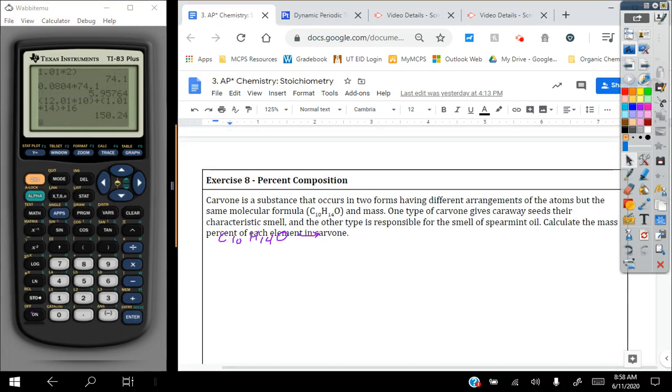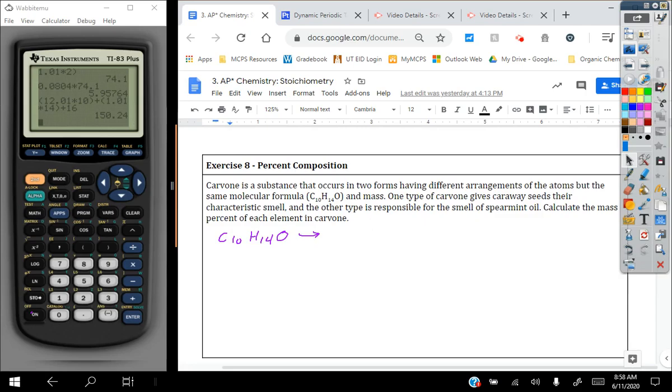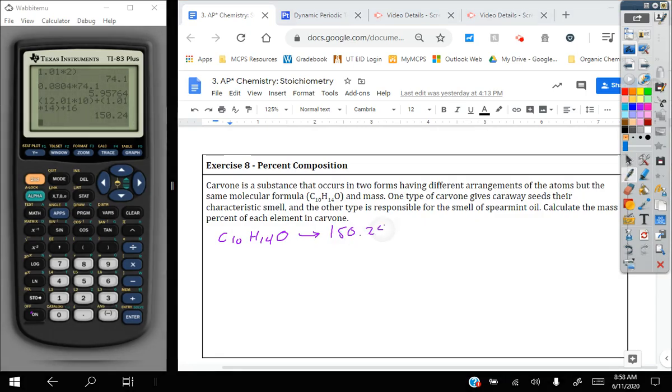So the total mass of carvone is 150.24 grams per mole.